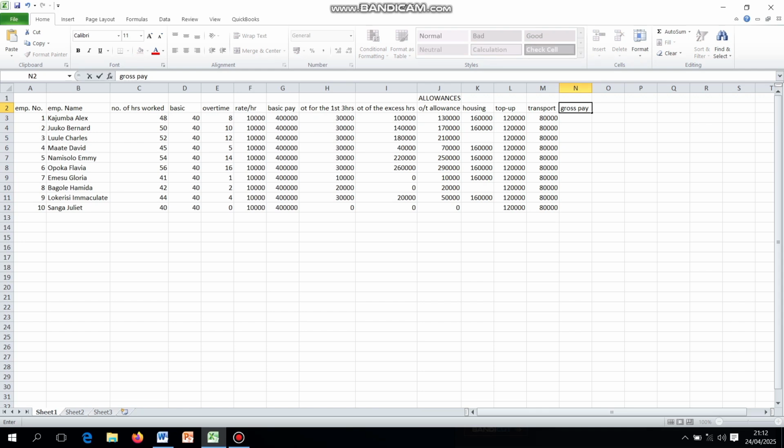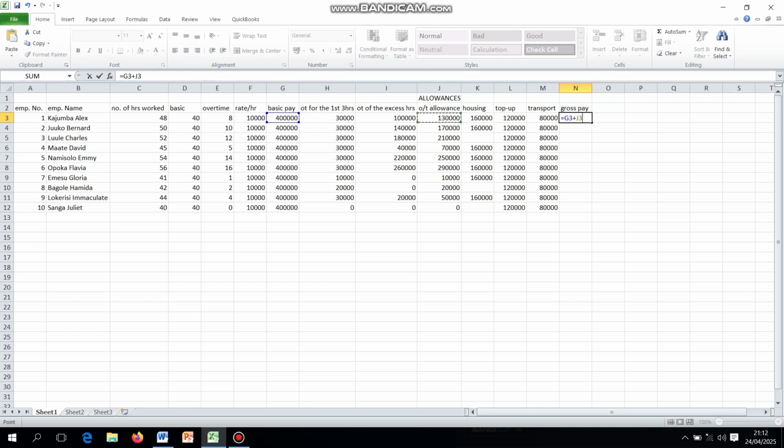So getting the gross pay, we shall use our formula, which will be equals the basic pay, which is this. Then we shall add all the allowances.